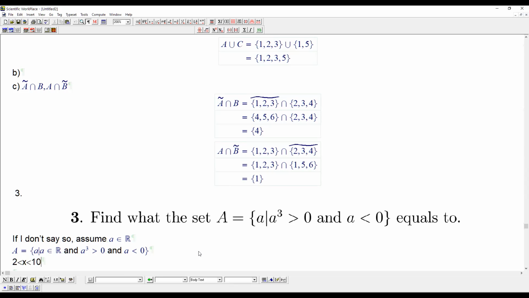What this means is x is greater than 2 and x is smaller than 10. Since 2 is smaller than 10, we can just order them this way. So that will be one way to write it.